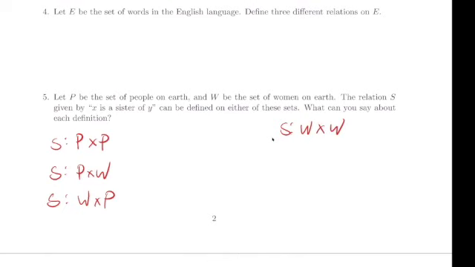There are 4 different sets that we can define this relation on. I could define this sister relation on the set P itself, from P to W, from W to P, and from W to itself.